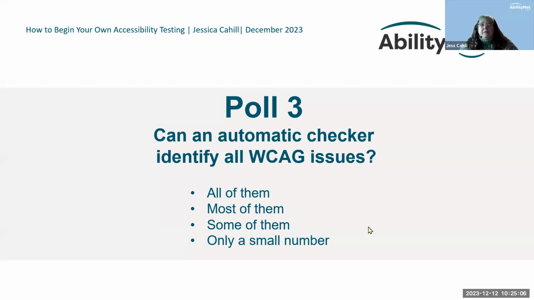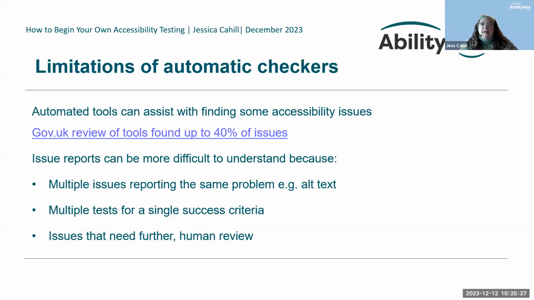None of you very wisely said that automated testing could identify all issues. 55% of you said most of them, 40% of you said some of them, and 5% of you said only a small number. Thanks very much for voting. The correct answer is, gov.uk did a review of automated tools.